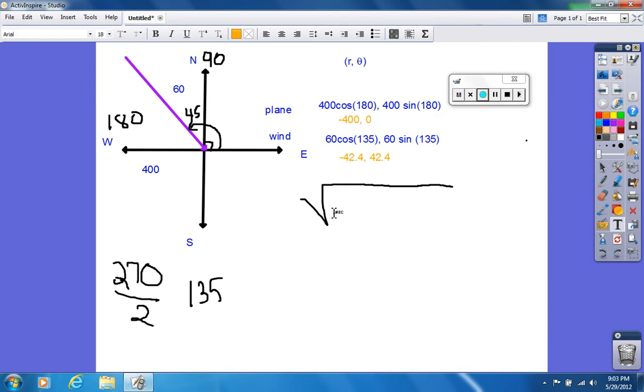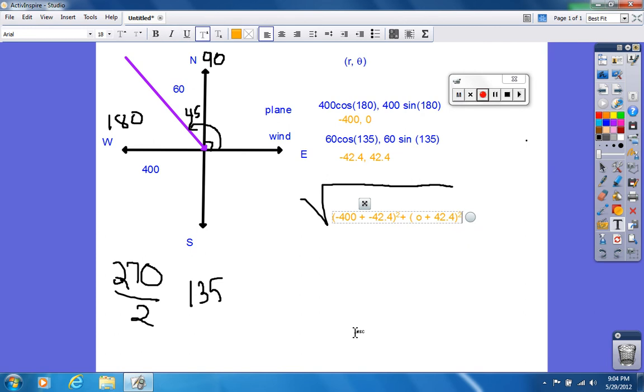I'm going to do negative 400 plus negative 42.4, this item squared, plus 0 plus 42.4, that quantity squared.